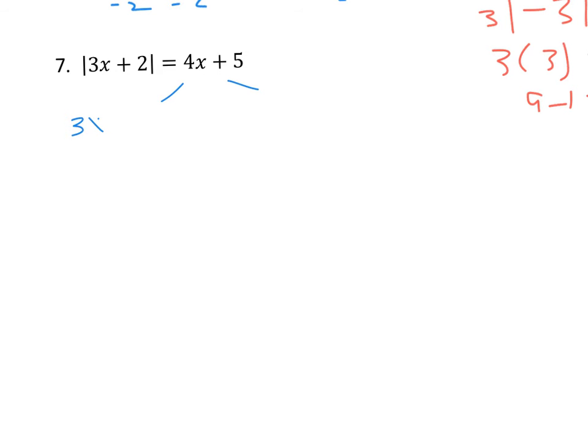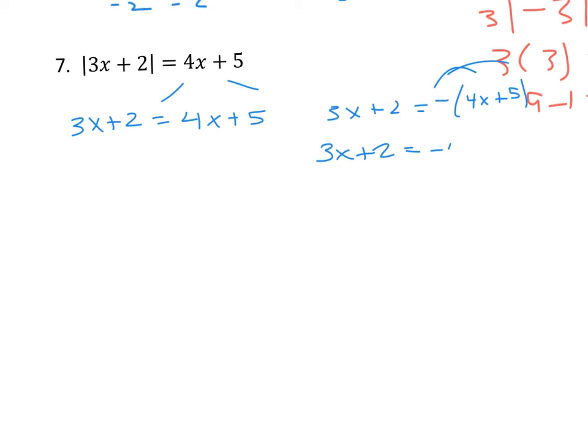So you're going to copy the first one down as is, and the second one you're going to copy the inside as is, but you're going to take the opposite of the other side. See how I put the negative in parentheses? So we're going to distribute, so I get 3x plus 2 equals negative 4x minus 5.